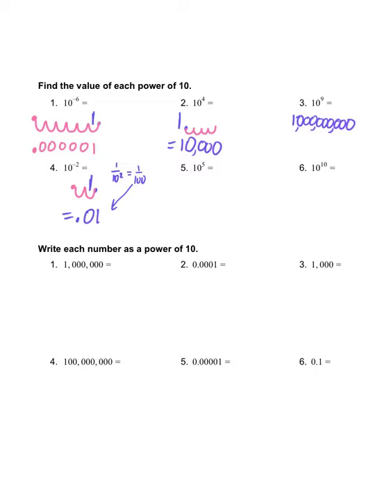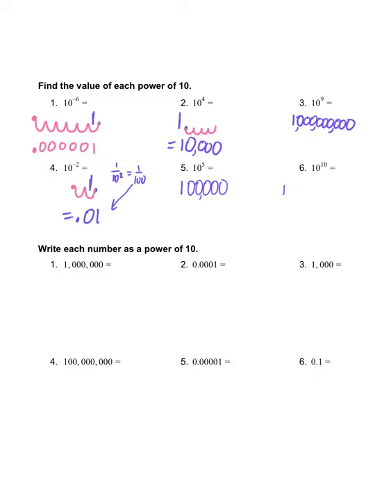All right, if we move on to number 5, 10 to the 5th. 10 times 10 times 10 times 10 times 10. So 5 times. Our shortcut, we have a 1 followed by 5 zeros. 100,000. And our last one is 10 to the 10th.